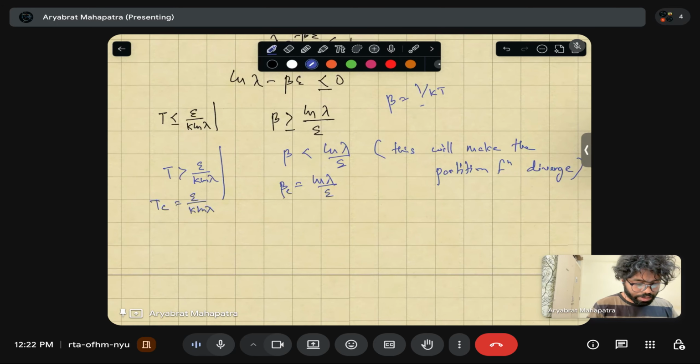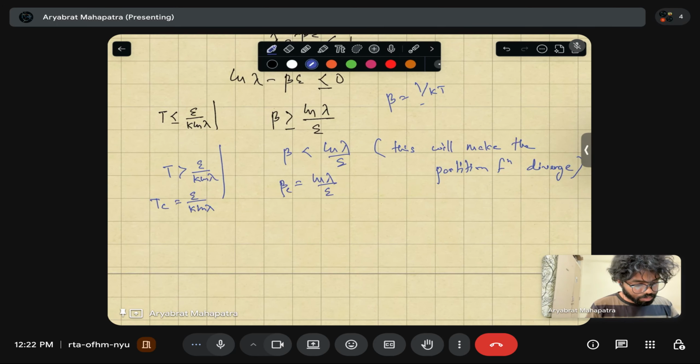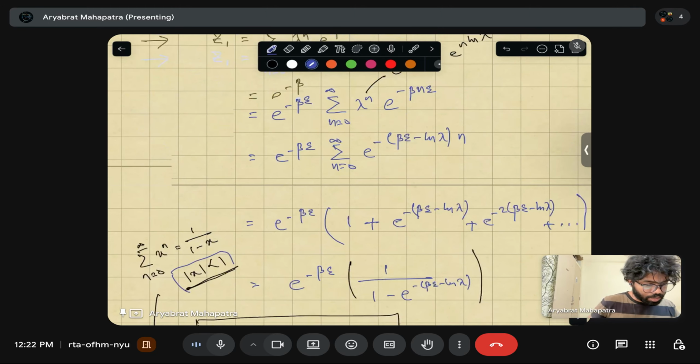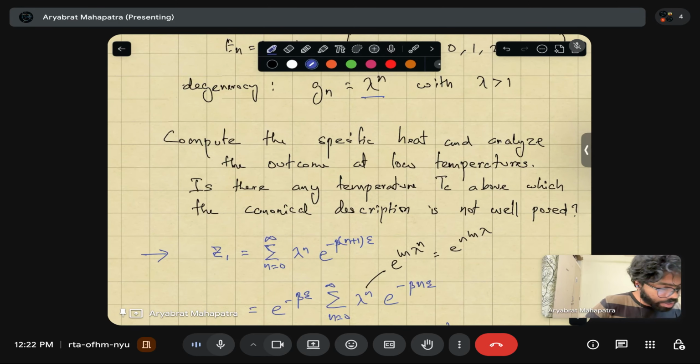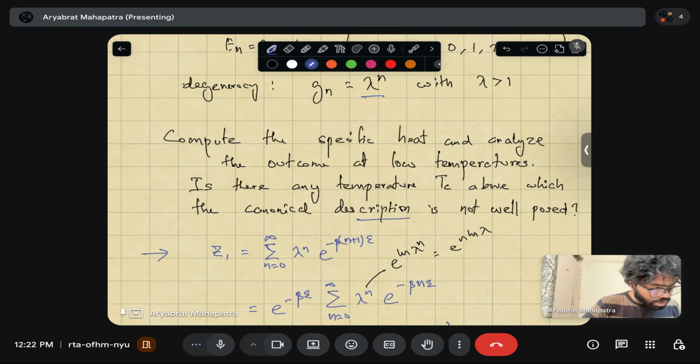Yeah, that is correct. As it was asked, whether the canonical description holds below or above temperature Tc: above temperature Tc, the condition fails. Below, the temperature has to be either equal to the critical temperature or less than it.